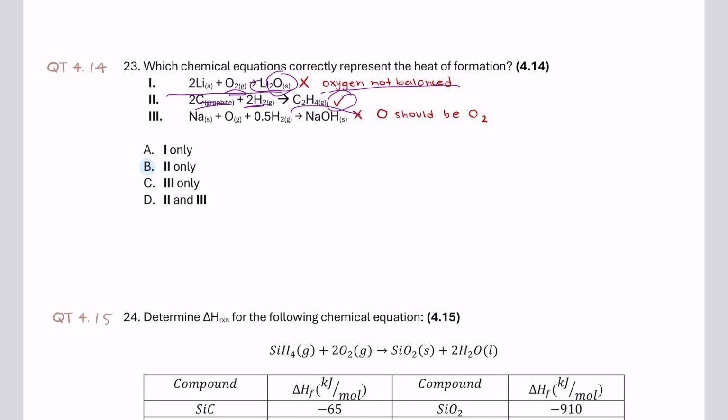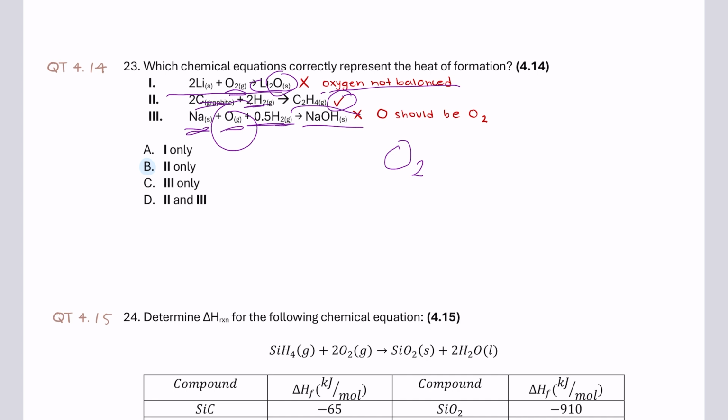Now for equation 3, we have sodium solid reacting with oxygen O and 1/2 mole of hydrogen gas. The product is sodium hydroxide. The issue here is that oxygen is not in its standard state. Oxygen in its standard state is O2 gas, not atomic oxygen.